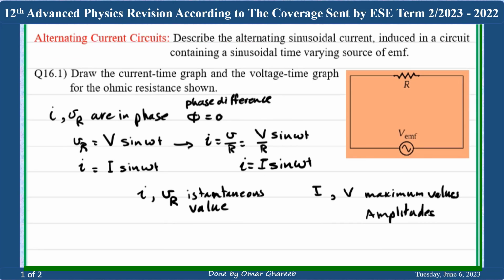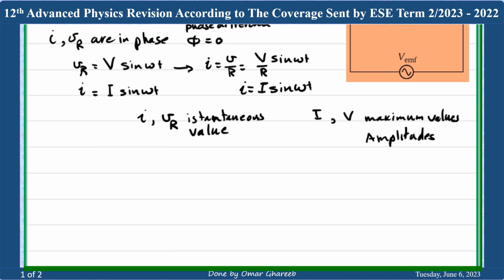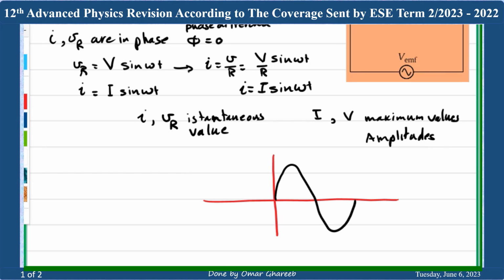Now to draw it, I need to draw a sine function for both of them. You can draw as you wish. This is maybe i, and this one is the voltage. They grow with each other and decay with each other.